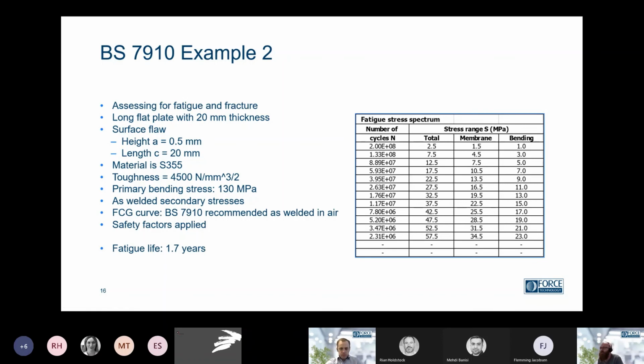Again, we have a long flat plate, 20 millimeter thickness. I started with an initial surface flaw with a height of 0.5 millimeters and a length of 20 millimeters. Material is S355, toughness 4500. Same primary bending stress, and again we are in the as welded condition.